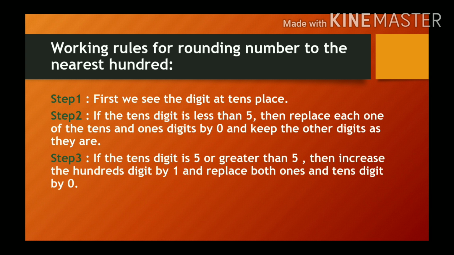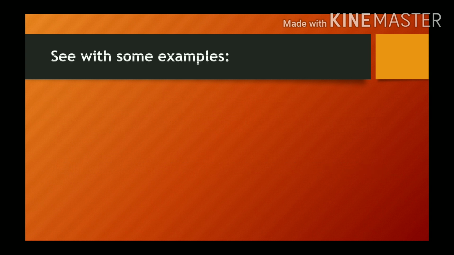Step 3: If the tens digit is 5 or greater than 5, then increase the hundreds digit by 1 and replace both the ones and tens digits by 0. You can see this more clearly in this example.